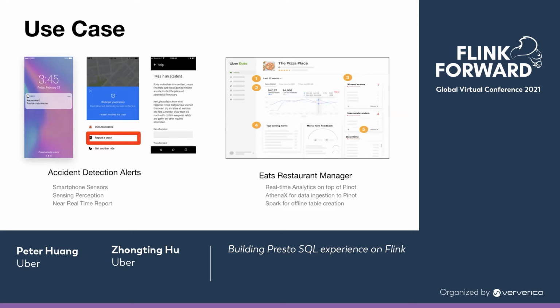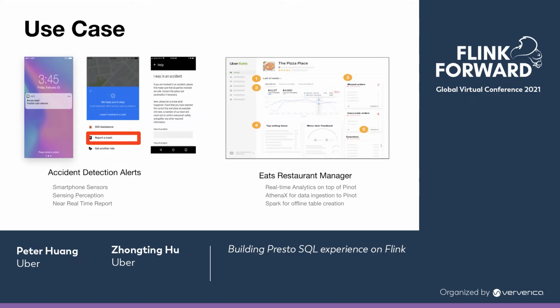Our sensing perception team leverages those sensor data to train models to analyze different types of activities, and then used for real-time prediction of the user activity to see whether it's a possible accident.